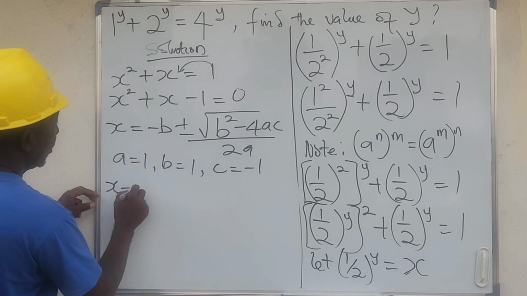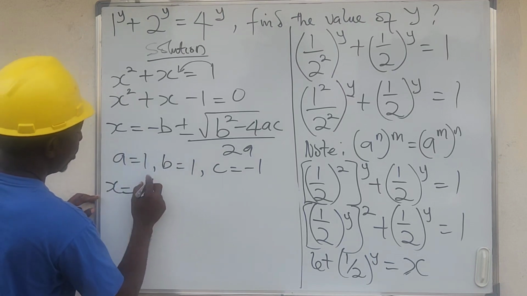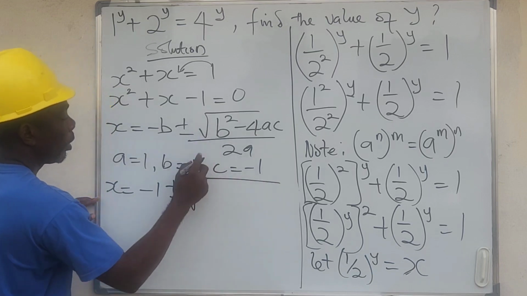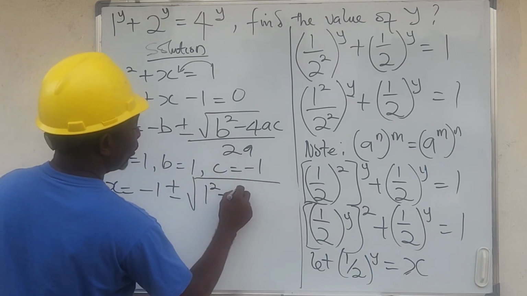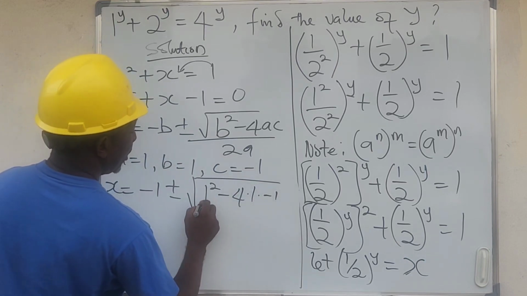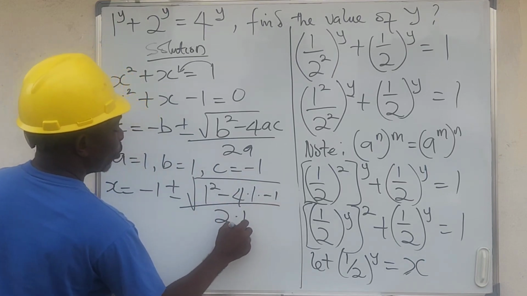So our x here equals minus b, which is minus 1, plus or minus the square root of b squared, here 1 squared, minus 4 times a, which is 1, times c, which is minus 1, all over 2 times 1.